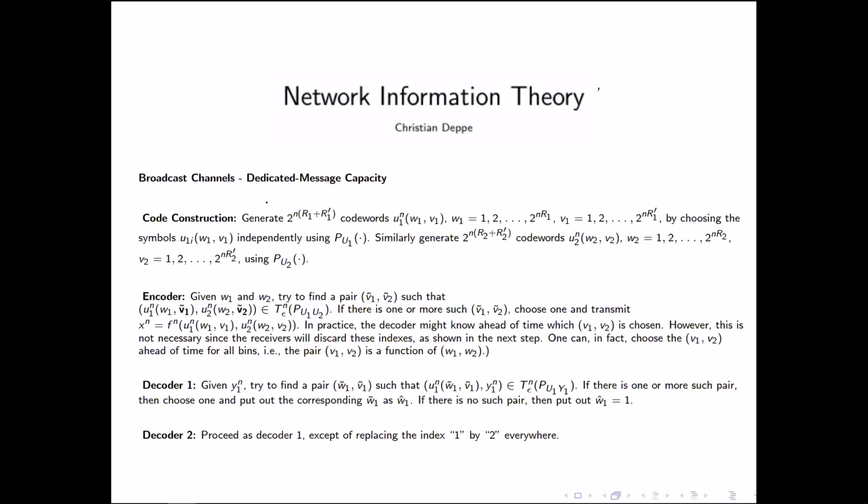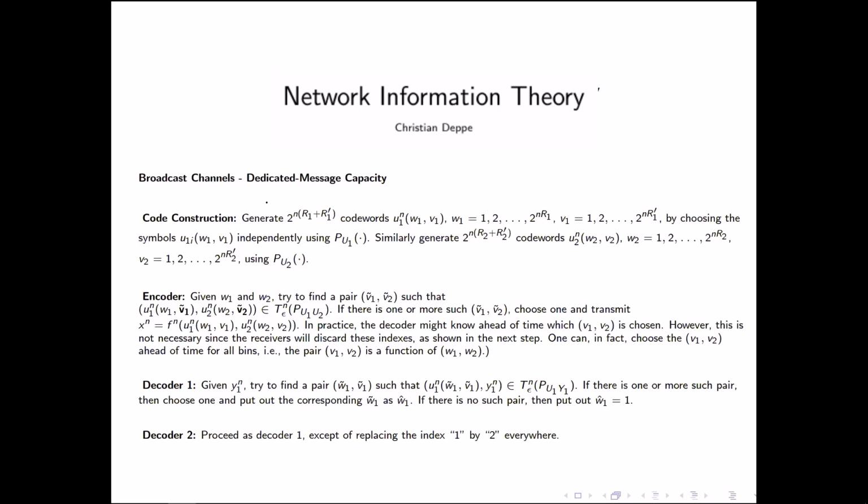And in the same way, we generate 2^{n(R2+R2')} codewords u2^n(w2, v2), where w2 goes from 1 to 2^{nR2} and v2 goes from 1 to 2^{nR2'}.